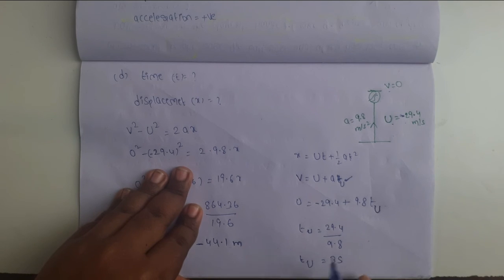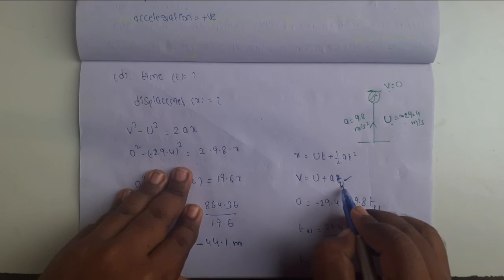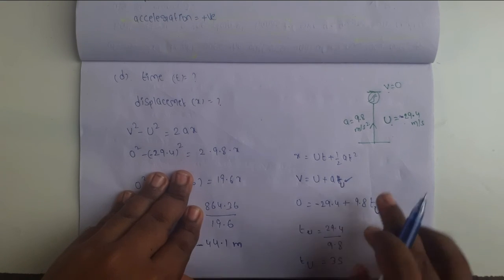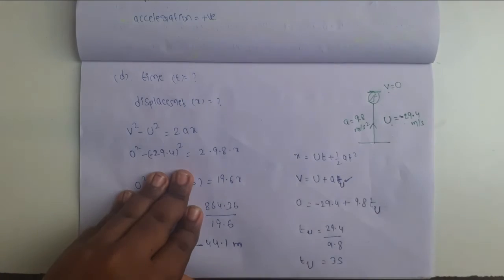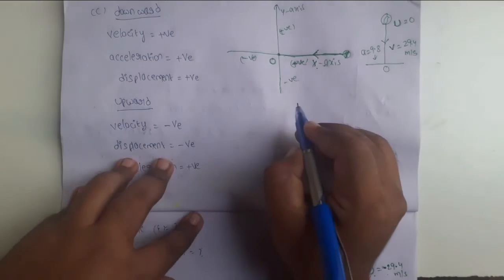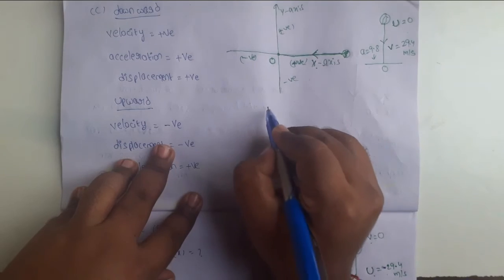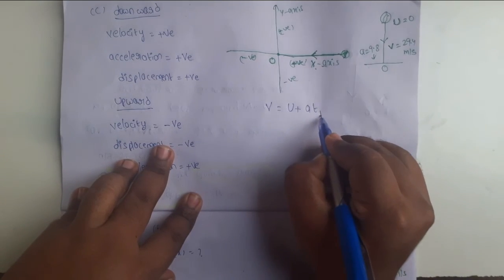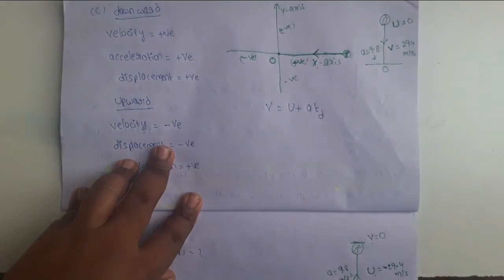So the ball is moving in the upward direction, and the time taken is 3 seconds. Now the ball is moving in the downward direction. How much time is taken? In the downward direction, v equals u plus a t d.